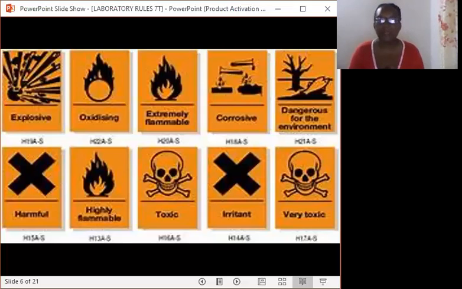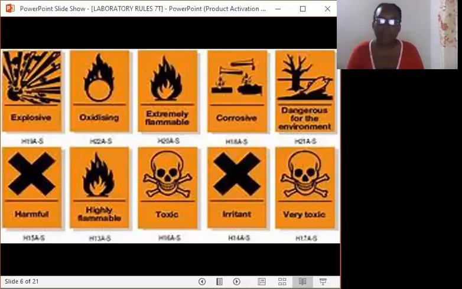It is important for them to identify the different labels so that they know the degree of danger in regards to the type of chemicals that they will be working with as they increase their grade level, and if they do choose the sciences. It's always good to know overall for life purposes.